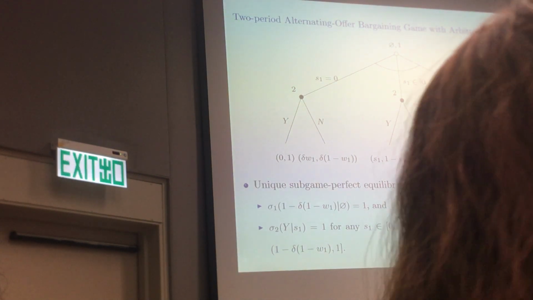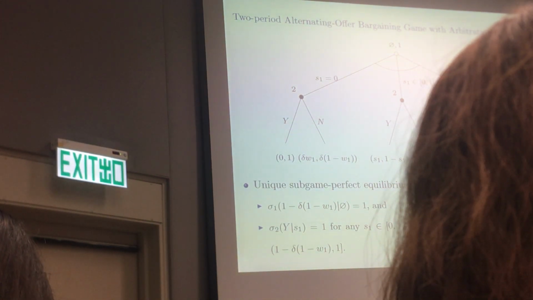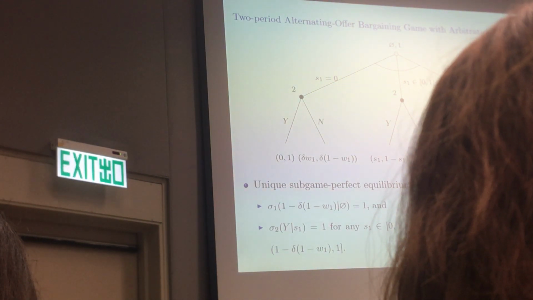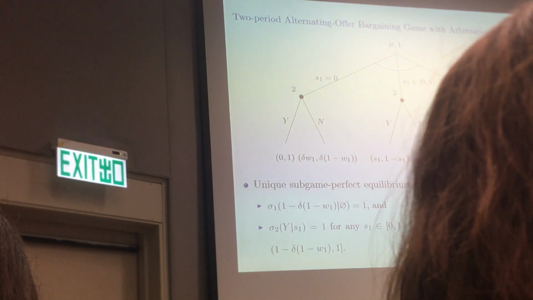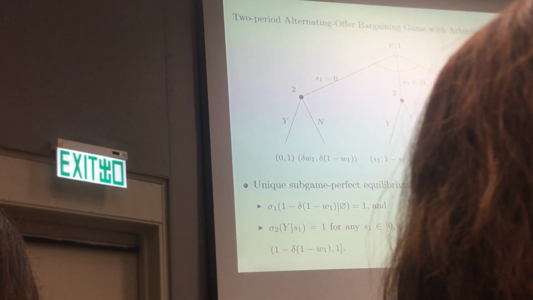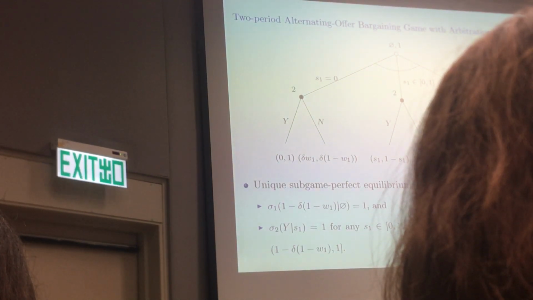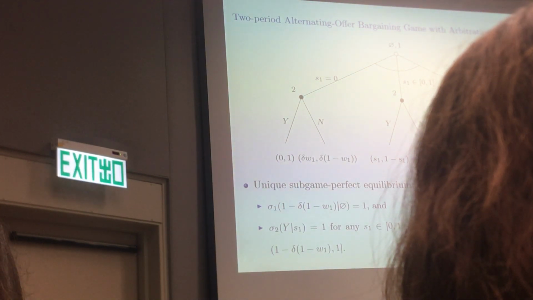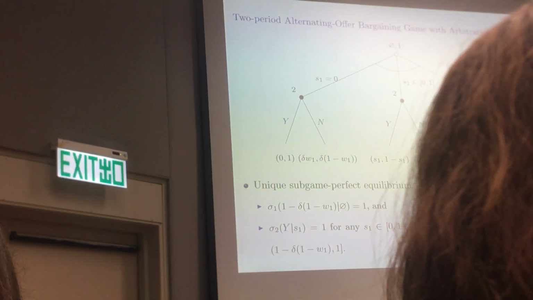If they reach the second period, then whatever happens in the second period is just another ultimatum bargaining game, and we know what happens in the ultimatum bargaining game. So we know what will happen if player 2 says no. The calculation can be messy, but in principle you can calculate the payoff for player 1 and the payoff for player 2 for the game in the second period.